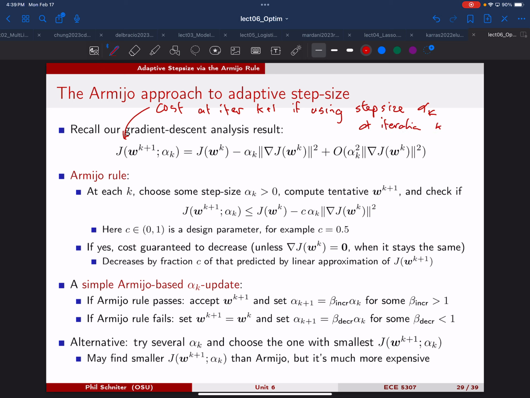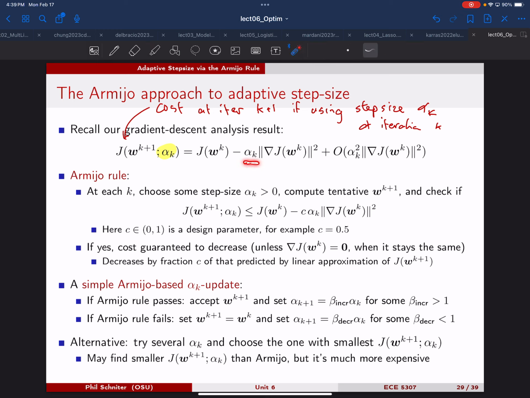So basically that's what it is. So like we start at iteration k, we have parameters wk. This is our cost at the previous iteration. And then we somehow take a step to give us wk plus 1. But here we're assuming, we're kind of saying what would happen if that step was based on alpha k.